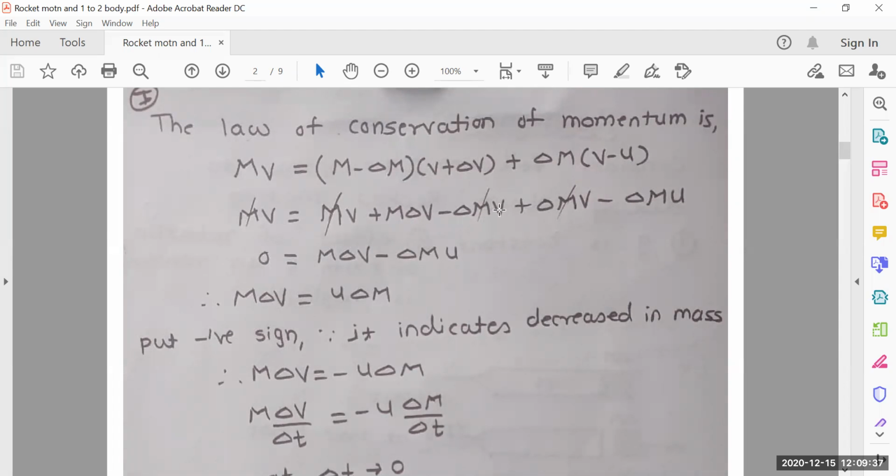Okay, delta v, and here we will have delta mv minus delta mu. Okay, so this and this will not get cancelled. Oh, we forgot to write one term, delta m delta v, that we forgot to write. Okay, so can we write here?